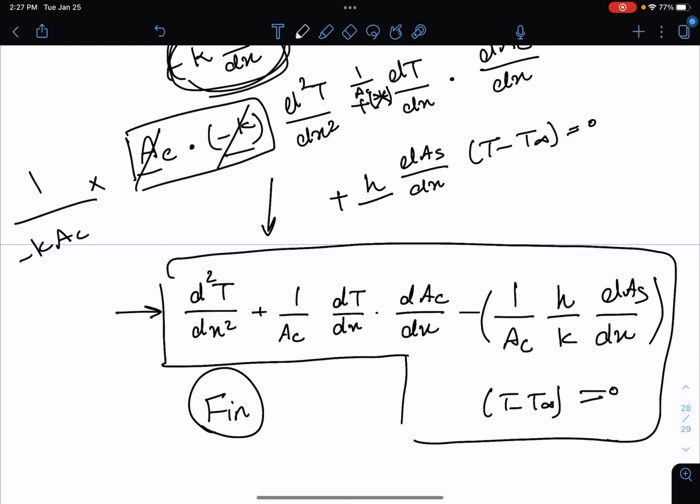And here we are going to get k AC and a negative sign. And the left hand side is 0, so we are going to keep having 0. General fin equation.